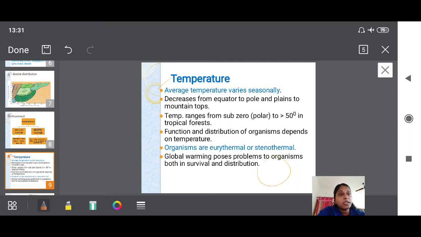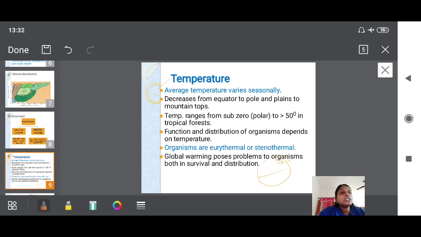Near the equator it will be hotter, but when you move up it will slowly decrease. The same you can find from the plains to the hills and mountain tops; the temperature will gradually come down.